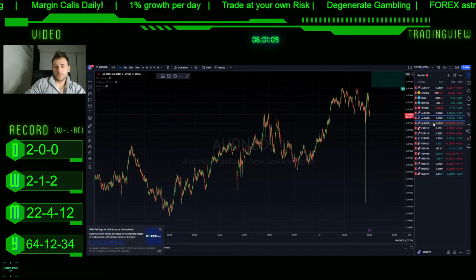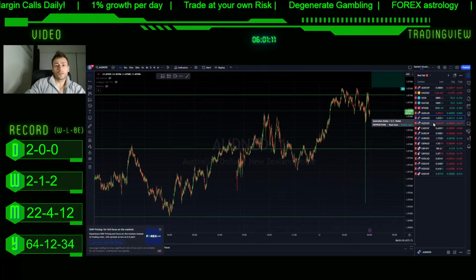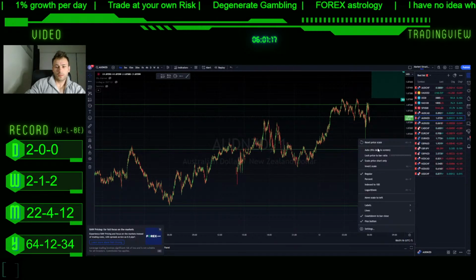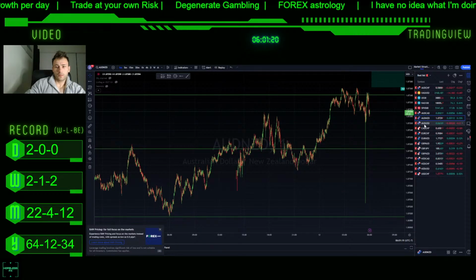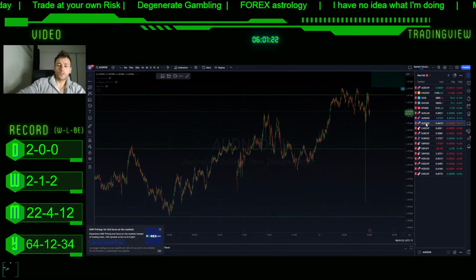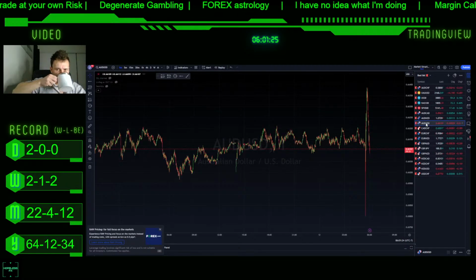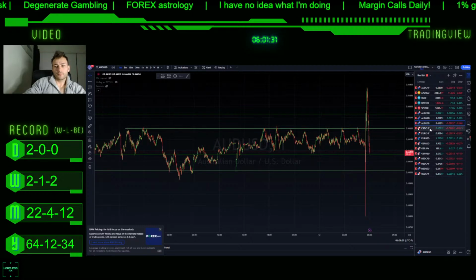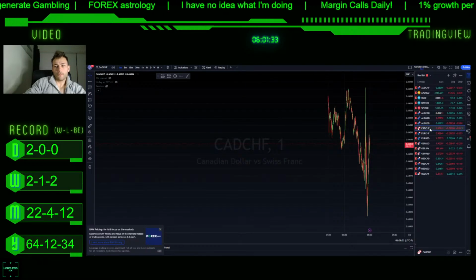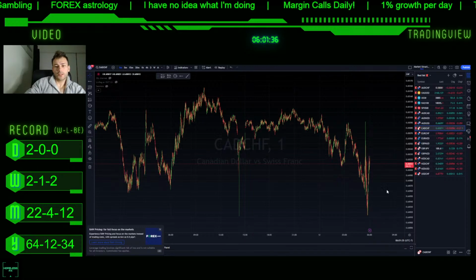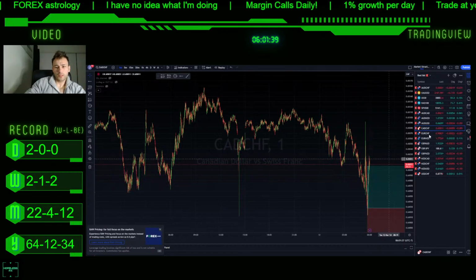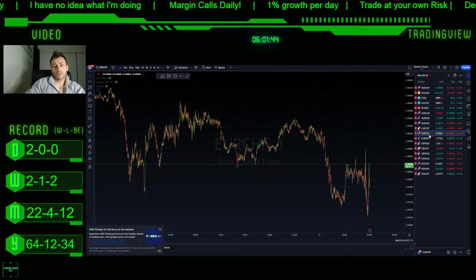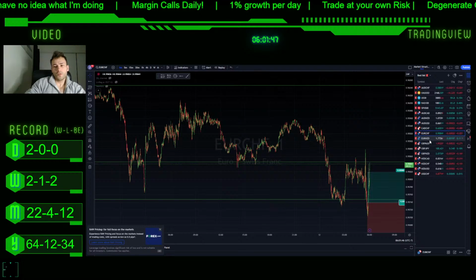Not a huge issue. Not even close to getting to its trigger point. I don't think we got into a trade for AUDUSD. We did not. CADCHF, yep, that was one of the trades we took. EURCHF, another trade we took. EURNZD.